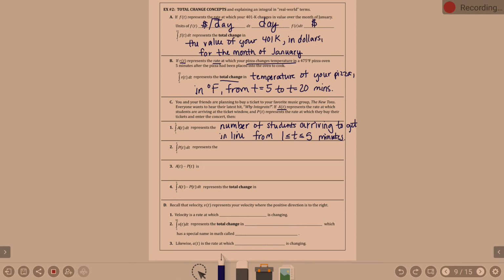The integral from 1 to 5 of p of t dt, what does that represent? The rate when they buy their tickets and the number of people buying tickets. Yeah. Okay, so it's the integral of the rate at which they're buying their tickets. So the number of students that are buying tickets or have bought tickets, and what else? Enter the concert. And that is also from 1 to 5 minutes, right?